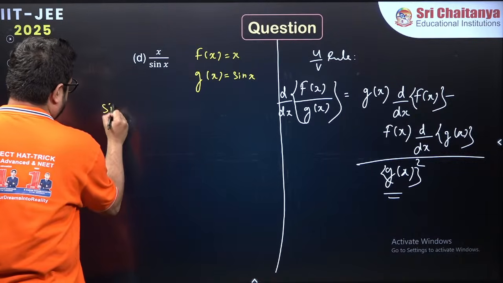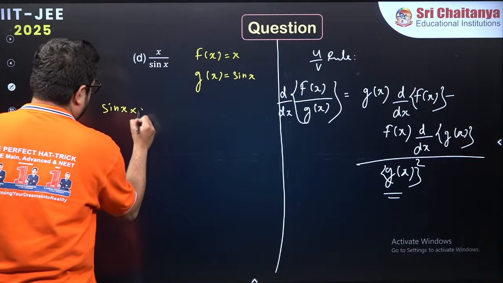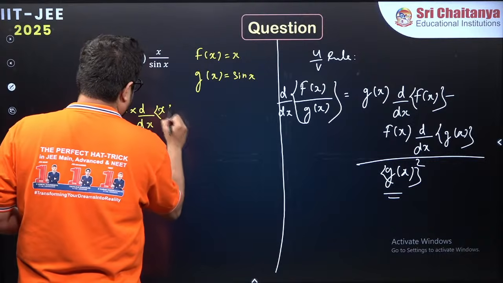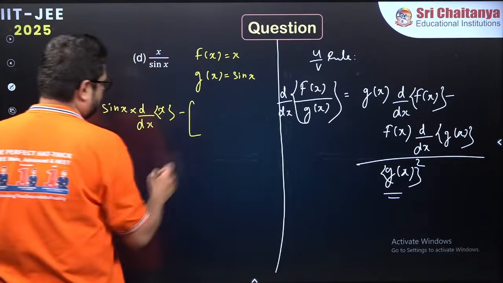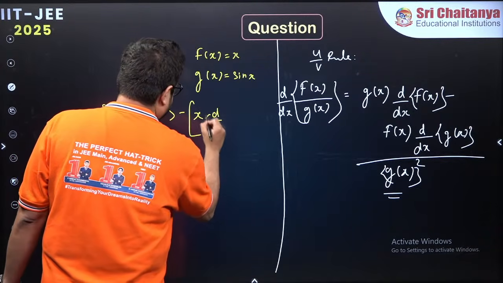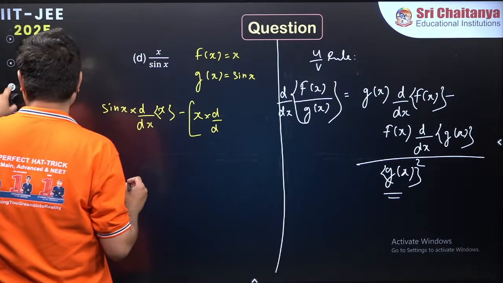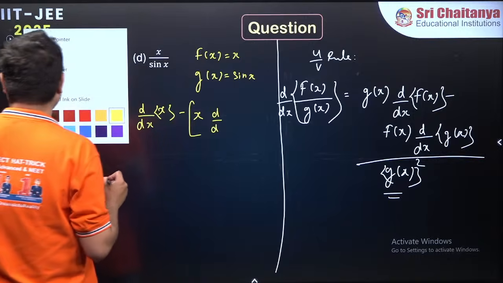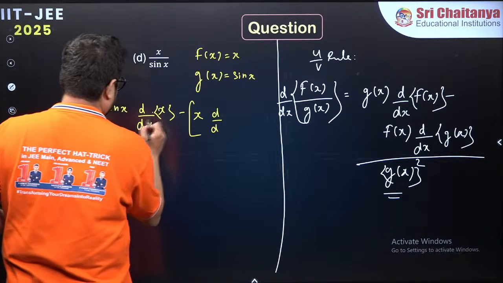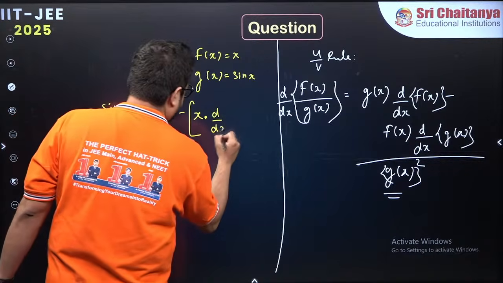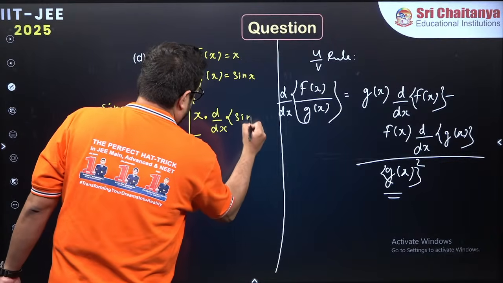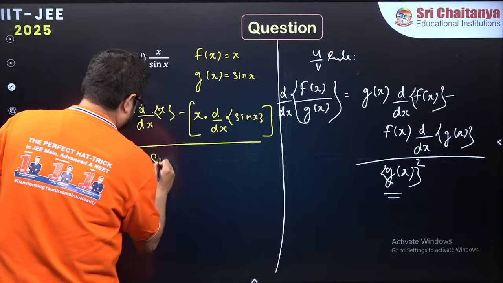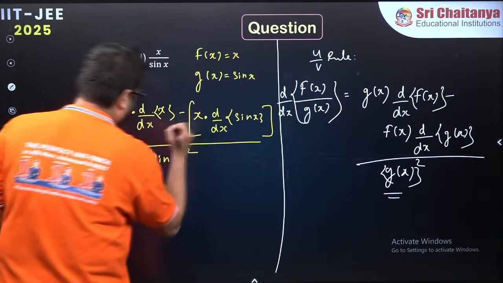So it's going to be sin x into d by dx of x, minus, now you are choosing x to be constant, x into d by dx of sin x, whole divided by sin x whole square.